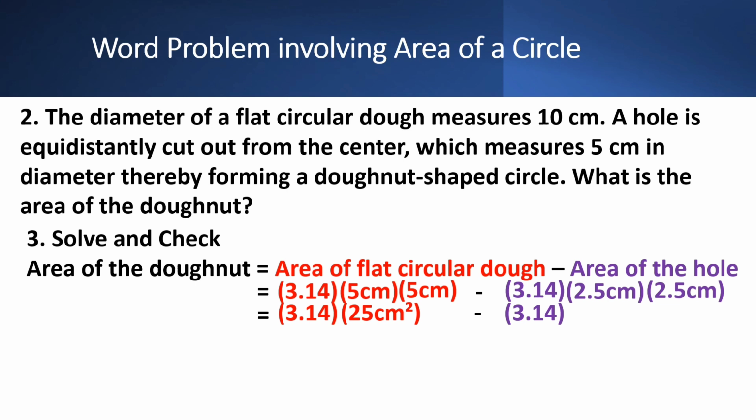So, 2.5 times 2.5 is, yes, 6.25 centimeter squared. So, malapit na tayong masolve ang ating problem. Okay. So, the area of flat circular dough is 3.14 times 25. And that is equals to, yes, 78.50 centimeter squared.